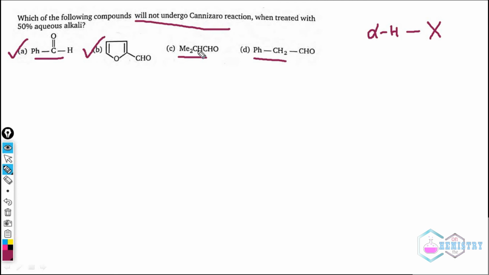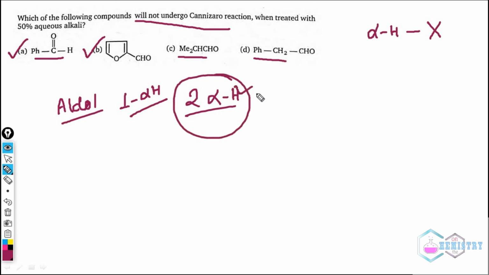So you might think that this is a multiple correct answer, but it is not, because we know in aldol only one alpha hydrogen is needed, but presence of two alpha hydrogens facilitates the reaction. But in this case only one alpha hydrogen is present, hence it will not undergo aldol.